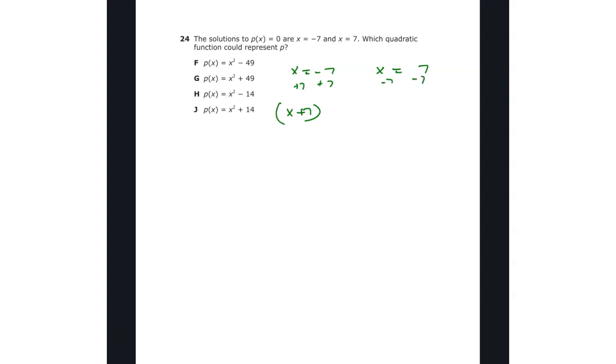Subtract 7 from both sides. So this is going to be x minus 7. So x plus 7 multiplied by x minus 7 is going to give you a difference of 2 squares, which is going to be x squared minus 7 squared. So this is going to be x squared minus 49.